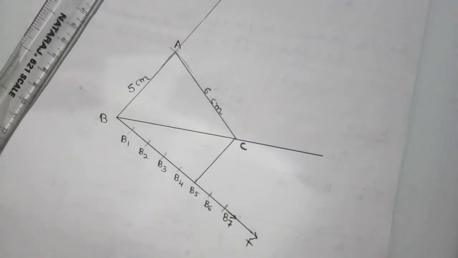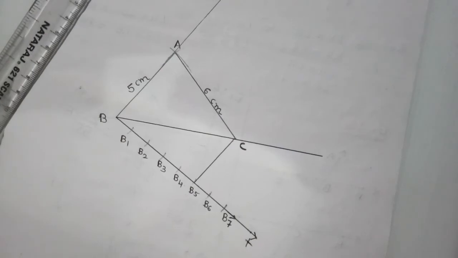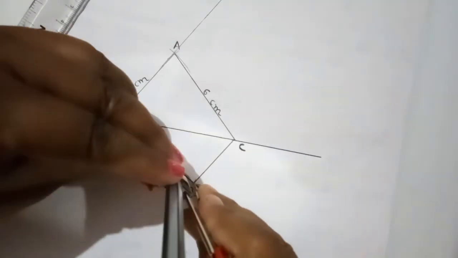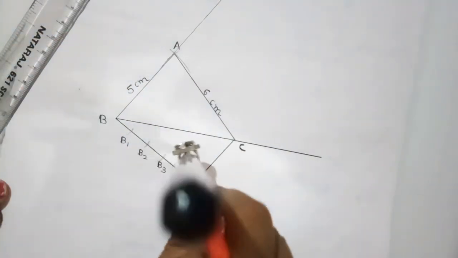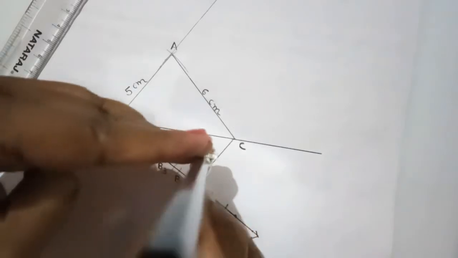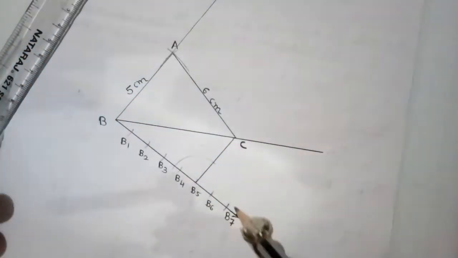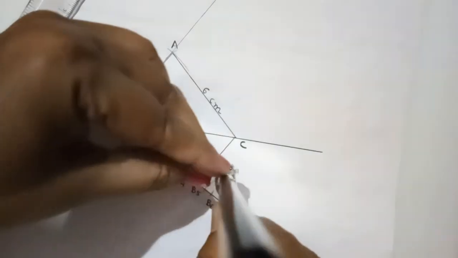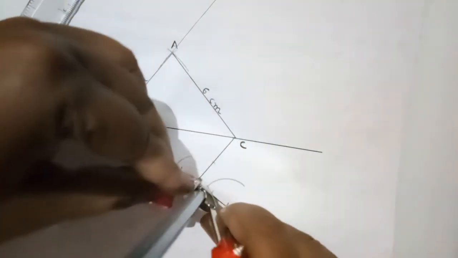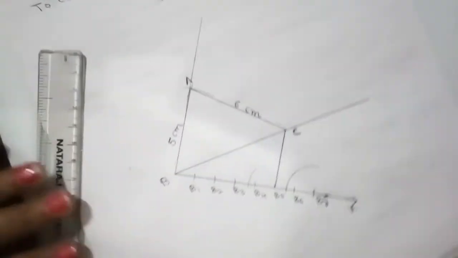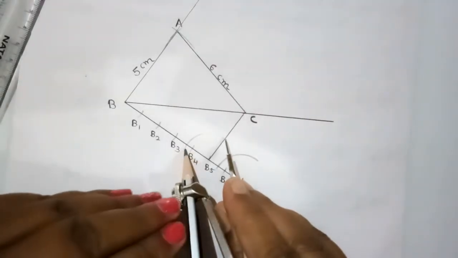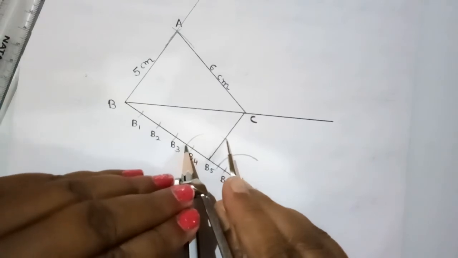Now this you already know. In the last video I showed you how to draw a congruent angle. Take any arbitrary radius, keep your needle at B5, give an arc. Same size, don't change the measurement, give an arc from B7 also. Now take this measurement, from here till this.